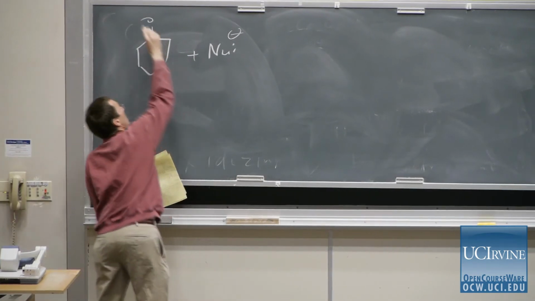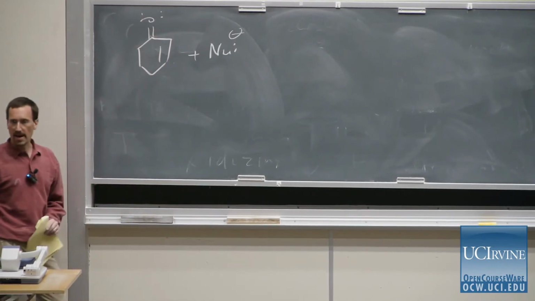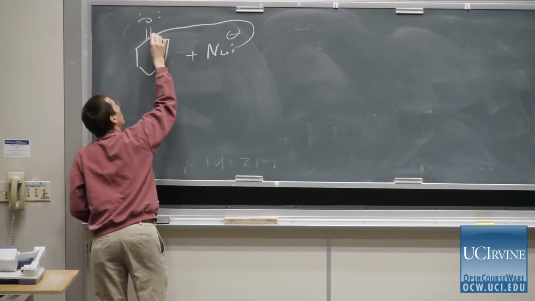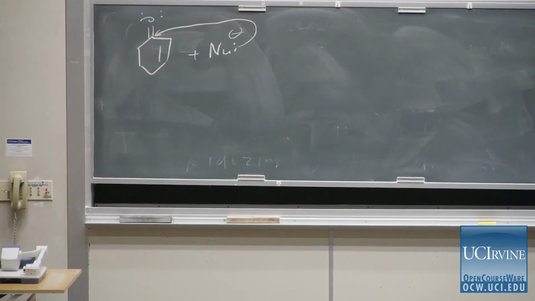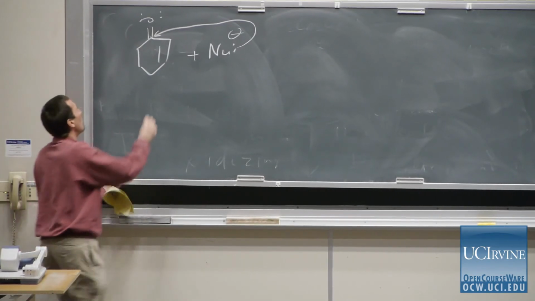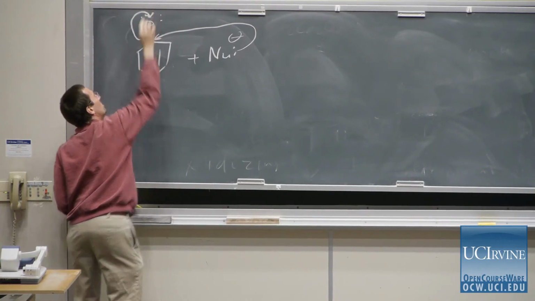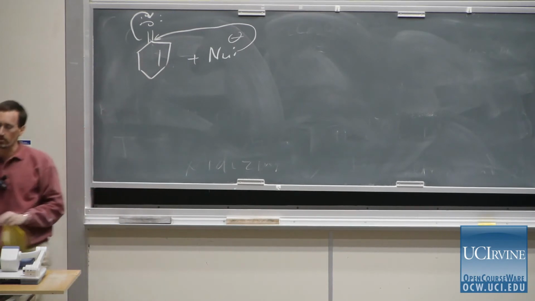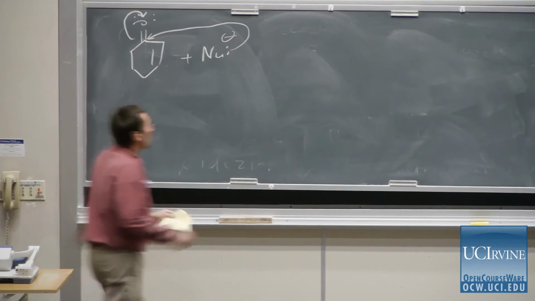And I'm going to draw in lone pairs of electrons to help us think about this. And I'll draw a curved arrow from the nucleophile, from the thing with the electrons, to the electrophile, to the thing that wants the electrons. And I will push electrons up onto the carbonyl oxygen because, of course, if I stopped at this point, I would have 10 electrons around the carbon and we would be in trouble.